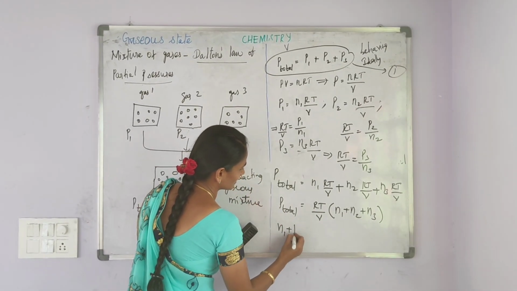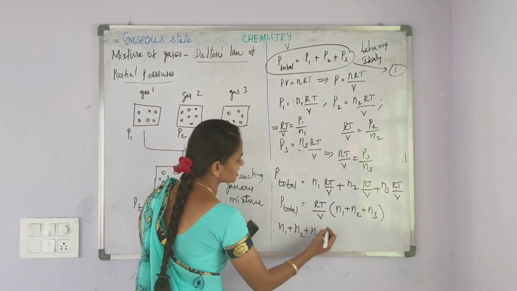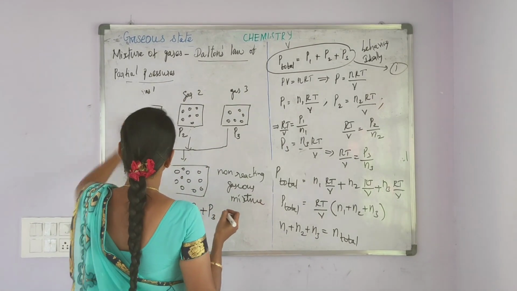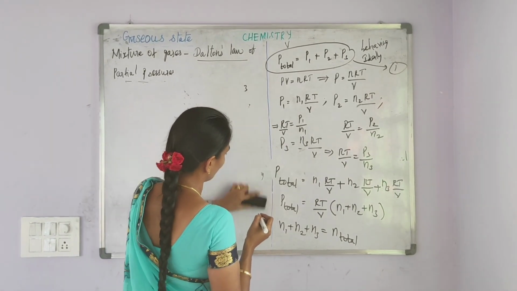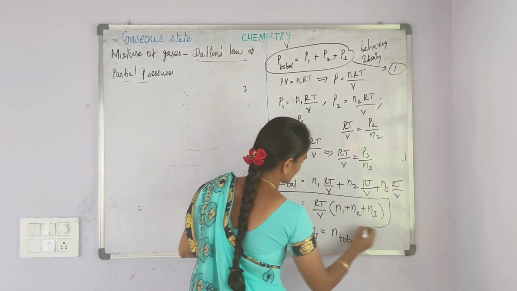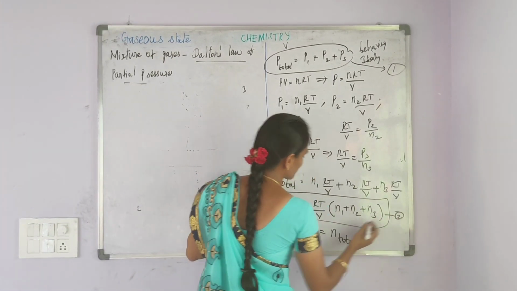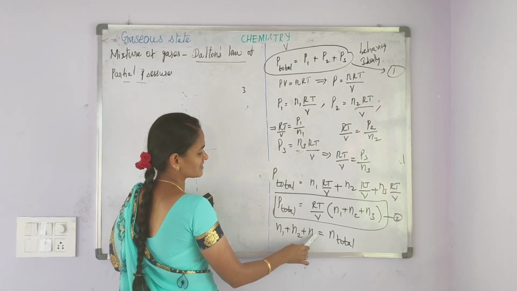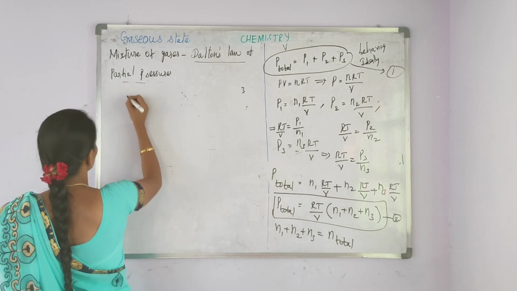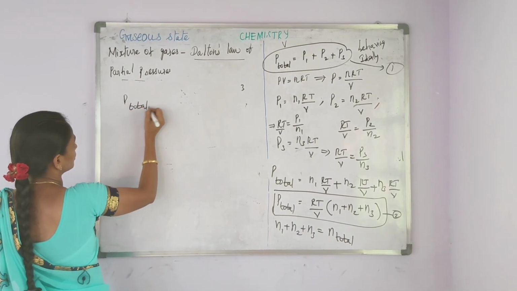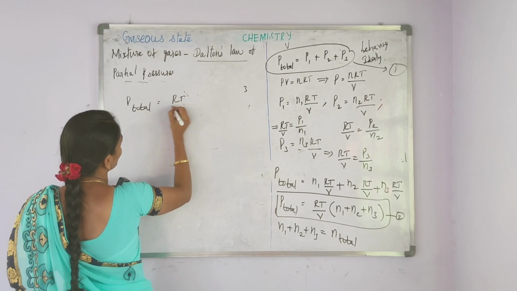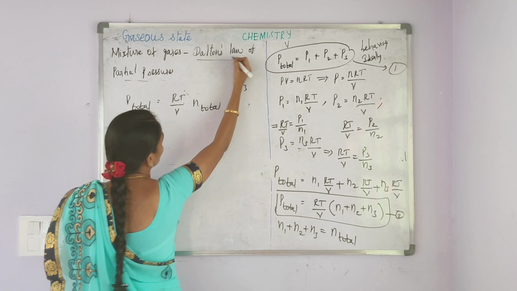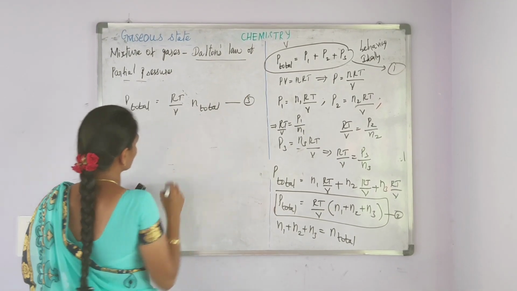Let us consider n1 plus n2 plus n3 is equal to n total. This second equation will become, by substituting n1 plus n2 plus n3 equal to n total, pressure total is equal to RT divided by V into n total, which is equation number 3.